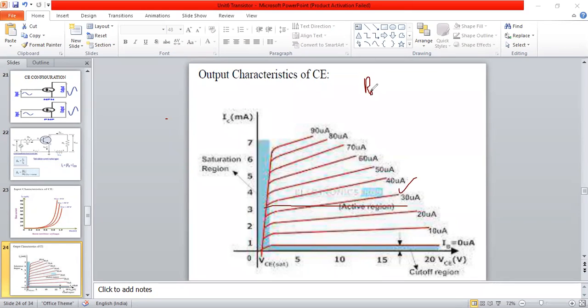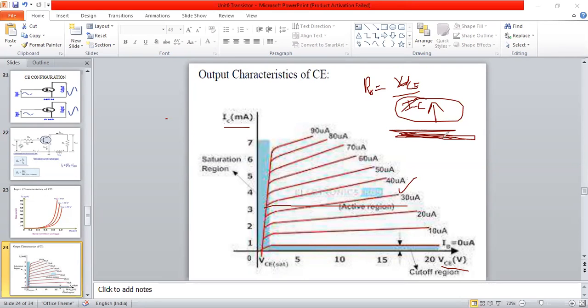So output resistance is the ratio of change of VCE to the change of IC. As VCE is increasing like that, IC is increasing slightly. If IC suddenly increased, we could say the resistance is low. If the current had no change, we could say the resistance is very high.